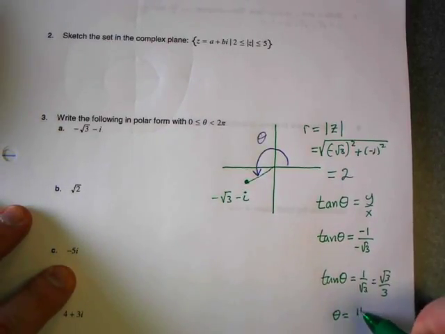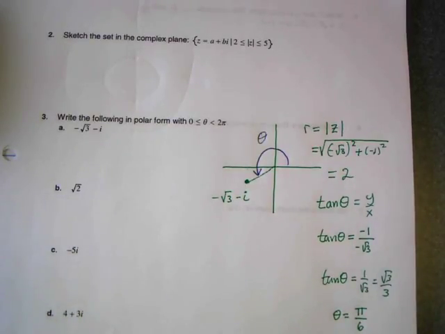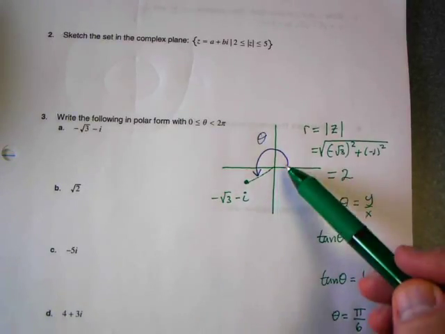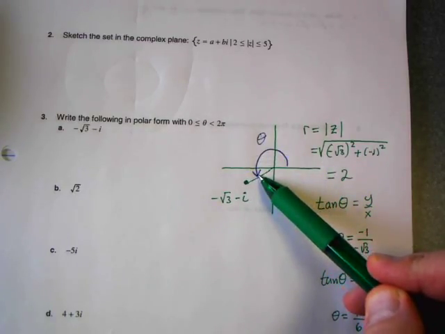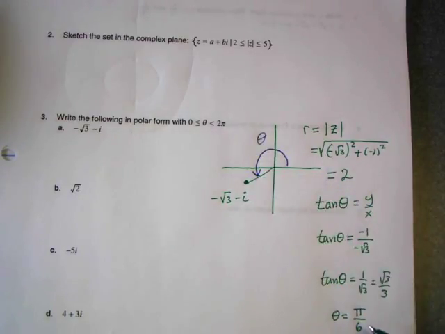You're right the first time. Unfortunately, pi over 6 cannot possibly be the right answer, but it's close. What's wrong with pi over 6? That's in quadrant 1. I need the equivalent answer in quadrant number 3. So how do I take a quadrant 1 angle and move it to quadrant 3? I add pi. So it should be 7 pi over 6.